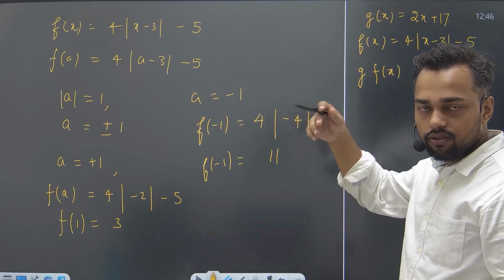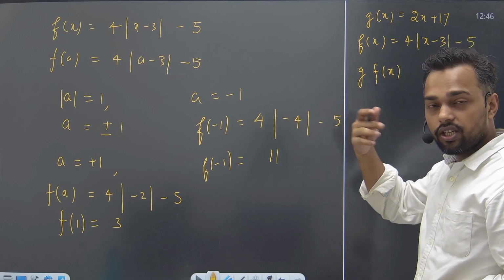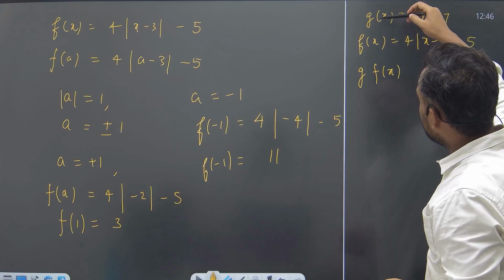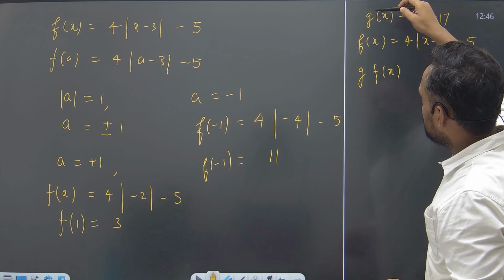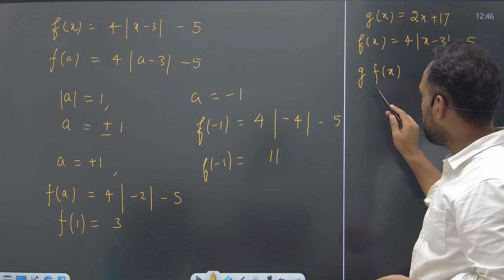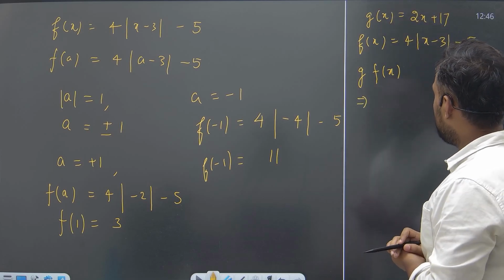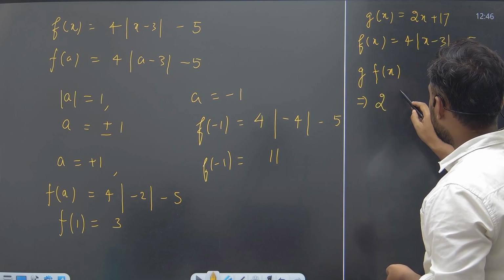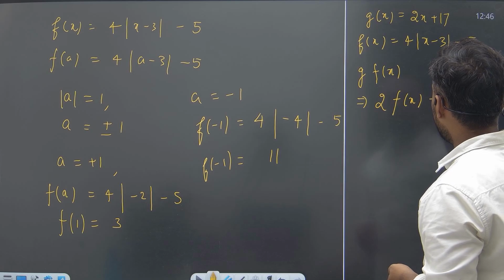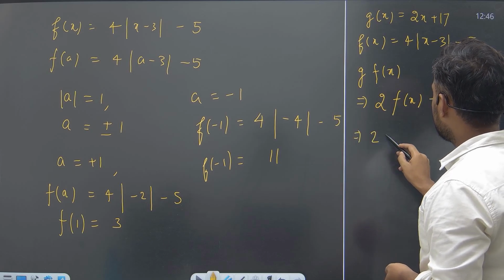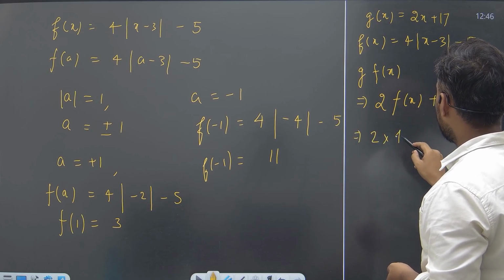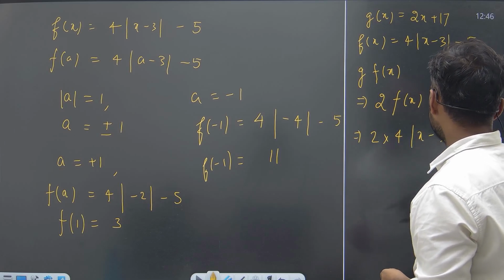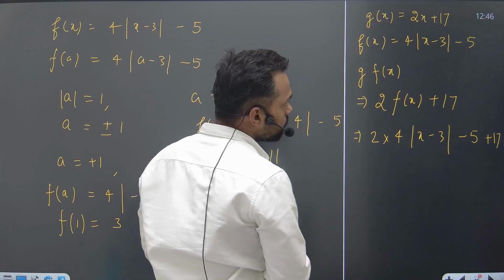We need to replace the value of x in g(x) with f(x), then only will we get g(f(x)). It means 2 times f(x) plus 17. I have made it easier for you. So it will be 2 times f(x), where f(x) is 4 times modulus of x minus 3, minus 5, plus 17.